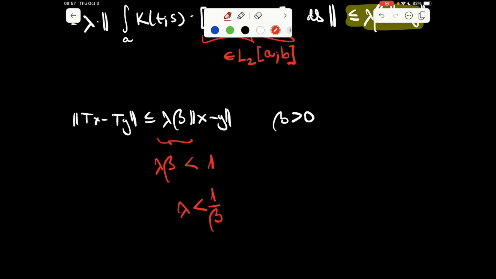What we can see here is, I think, very interesting. If we have a Lipschitz mapping, then we can constrain the constant parameter in this mapping to have a contraction mapping. And this is our restriction on the parameter of the mapping.